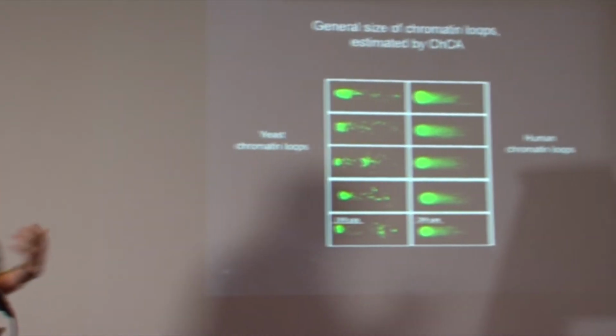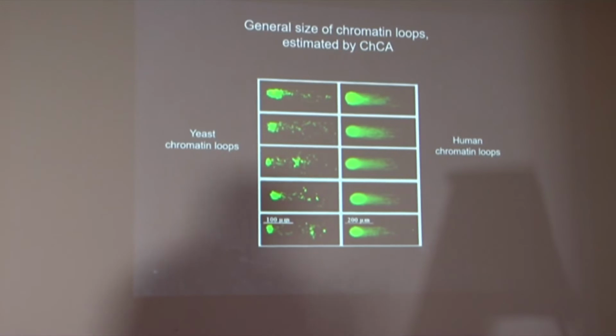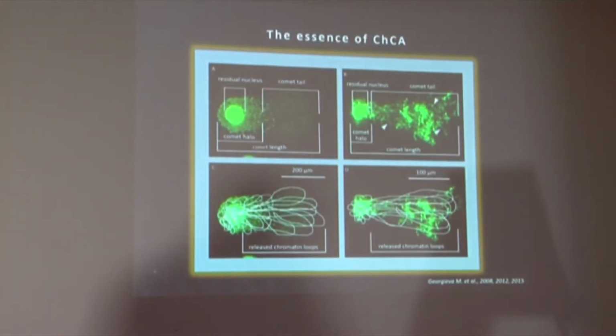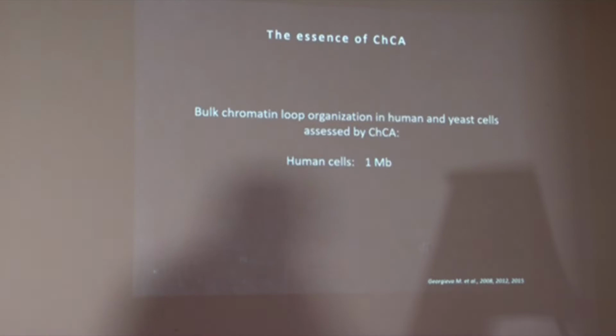So by using all our knowledge, we decided to measure chromatin loops in the nucleus. It turned out that by measuring, we showed that general loops in the human cell nucleus are approximately 1 megabase.